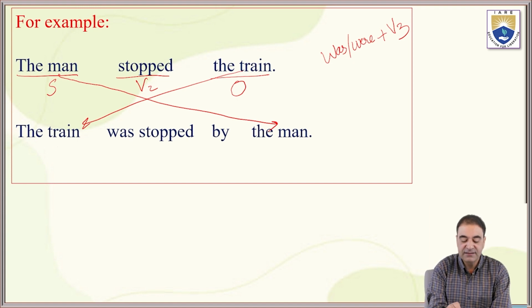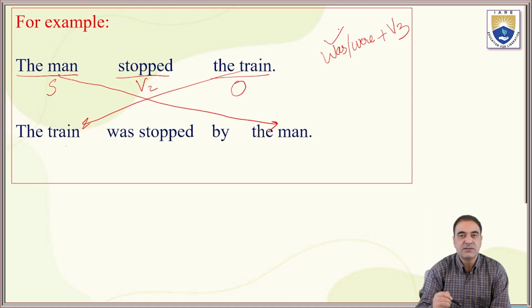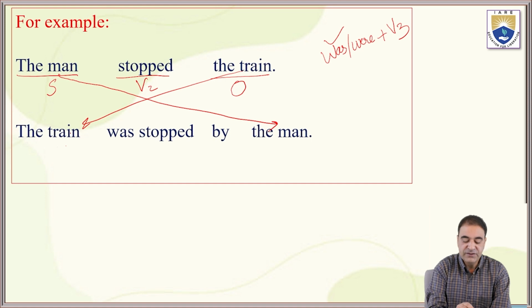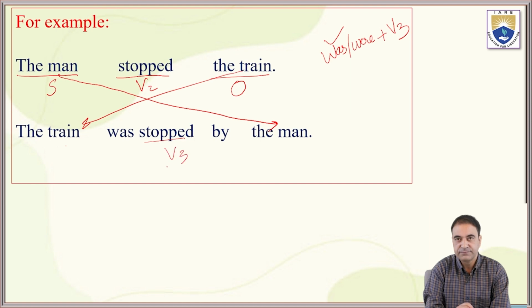Therefore, the first is the train, and the train is singular. With train, we use was, not were. Therefore, the train was stopped. Stopped is verb in third form. As I told you, we use was, were, plus verb in third form. The train was stopped by the man.